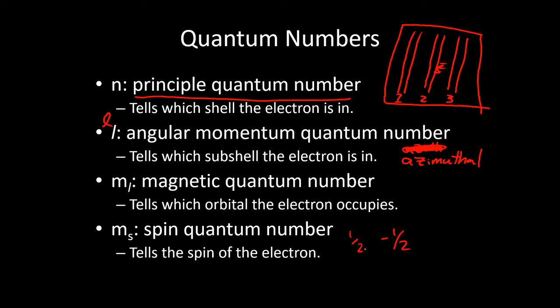Either the one that's pointing up in the box or the one that's pointing down in the box, which one you want. So this is, I think, the best analogy I have for what the quantum numbers actually tell us. It's a filing system for electrons in an atom, and these 4 numbers tell us exactly where in the atom the electron is sitting.